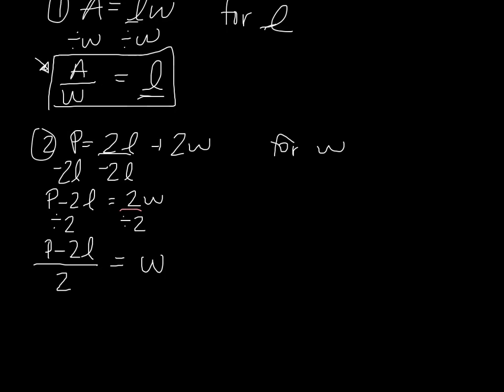Did you see how I did that? If I'm going to divide the left side by 2, I need to make sure I'm dividing the whole thing by 2. See how my dividing sign goes the whole length, not just the 2L part. I'm dividing the whole thing by 2. So this is my answer right here.